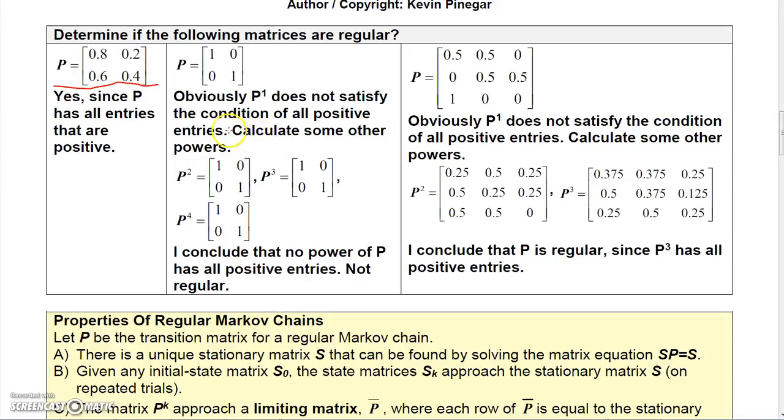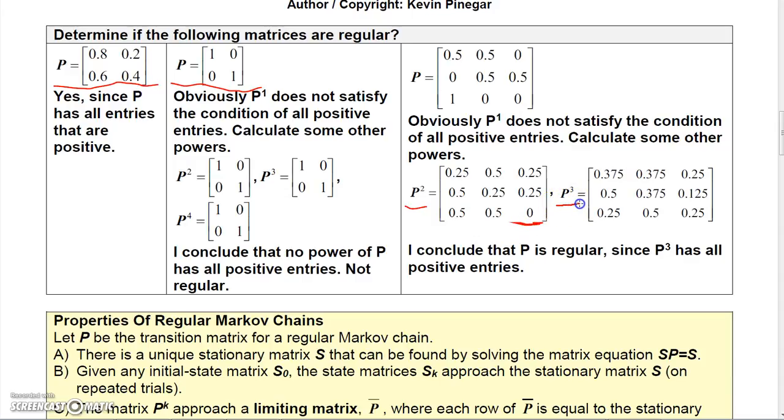So if you want to calculate some other powers of this, this matrix P to the first is not a regular matrix, and neither is P squared, nor P cubed, nor P to the fourth. So here, no power of P has all positive entries, so this is not regular. This next matrix is not regular at first, but if you produce enough powers, like if you square it, you still don't get a regular matrix because 0 is not positive.